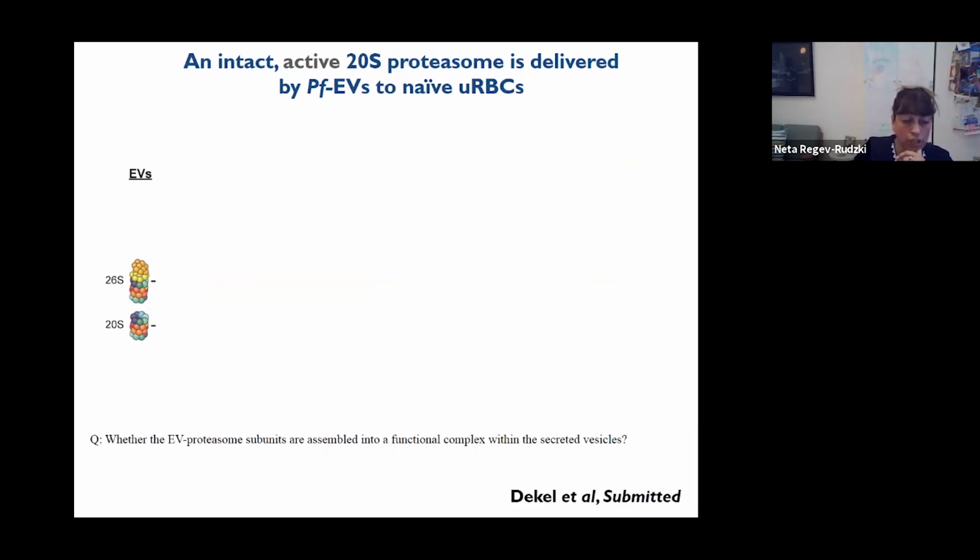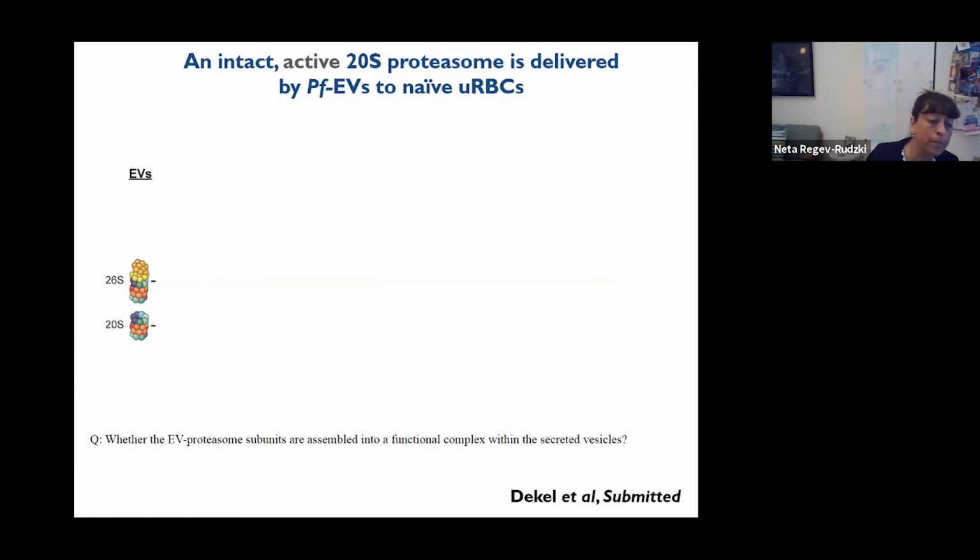The first question we asked was whether these subunits that we detected by proteomics are not just there, but are in fact assembled to give an intact, active and functional proteasome, a completely assembled 20S proteasome within the vesicles.